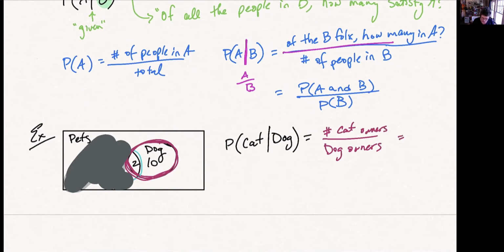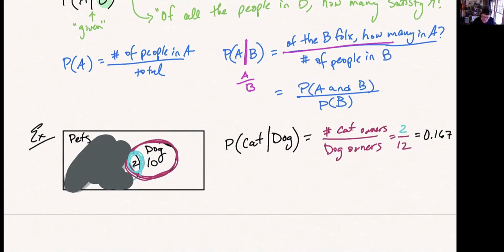That's this 2 right here, because that 2 is from the other circle, but I didn't erase it because it's in the red circle. So the fraction I'm looking at is 2 over 12. You see my denominator changes. My denominator is 12 because I only have 12 dog owners, whereas in total, we're looking at 36 people. So this is 0.167.